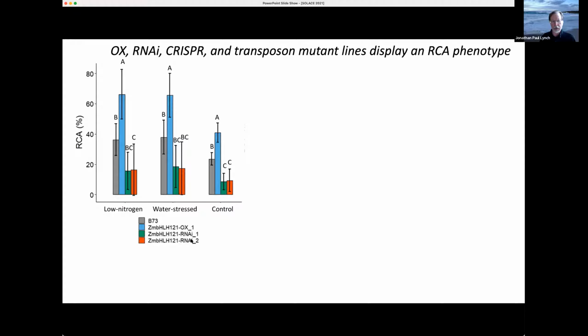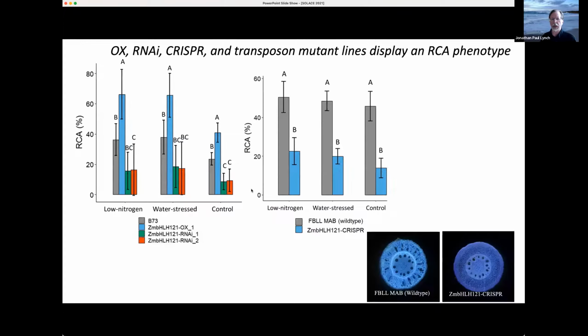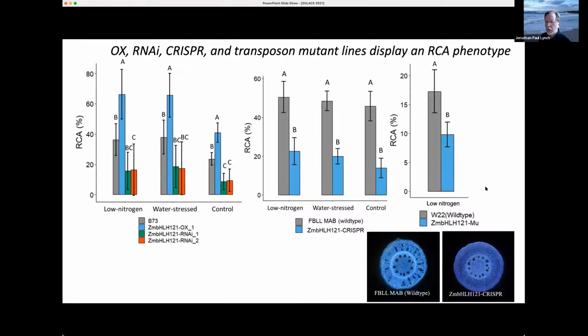When we knock it down with RNAi, we significantly decrease RCA formation. A CRISPR line that interrupts this gene significantly decreases RCA formation. And a mu insertion line that disrupts this gene interferes with RCA formation. So once again, this is proof of concept that you can go from the field to genes controlling anatomical phenotypes in a fairly high throughput manner.